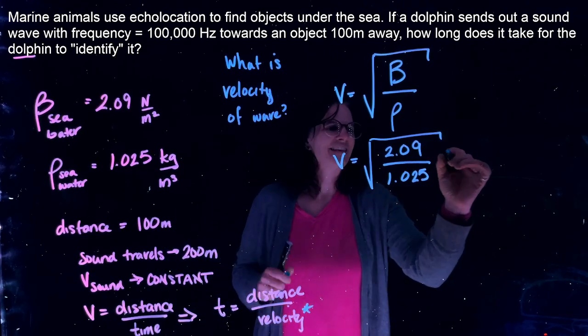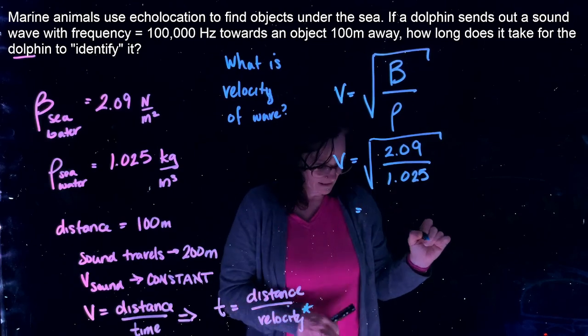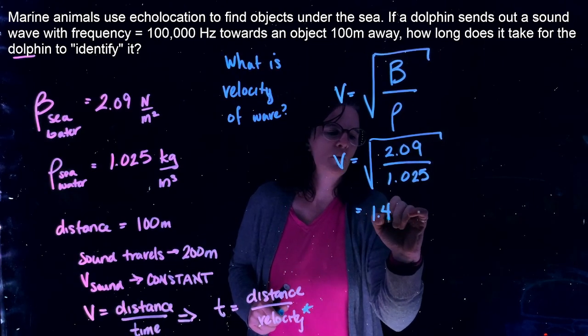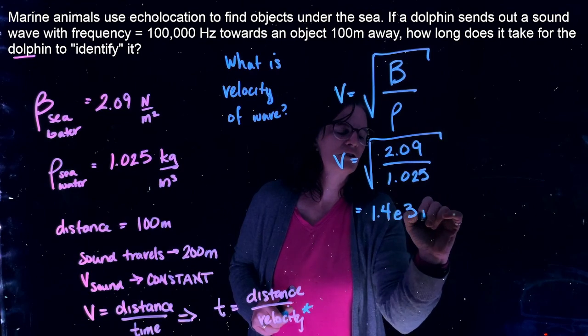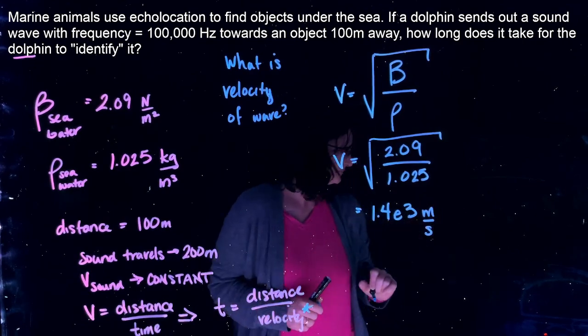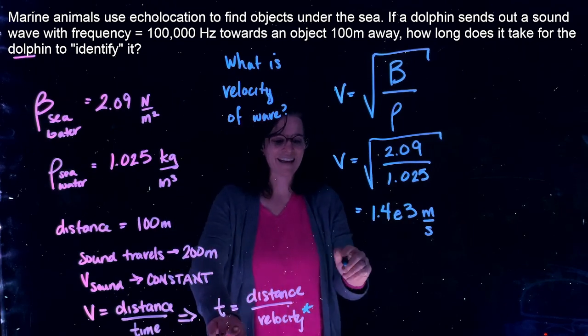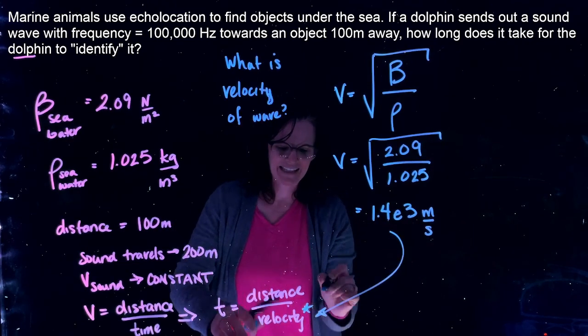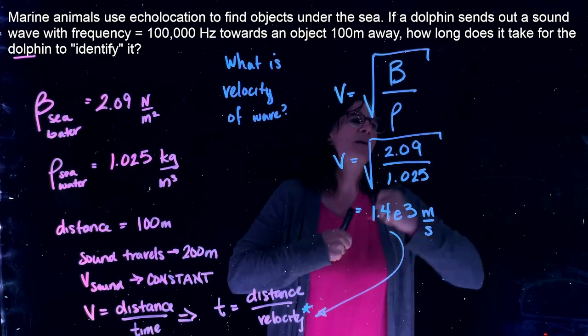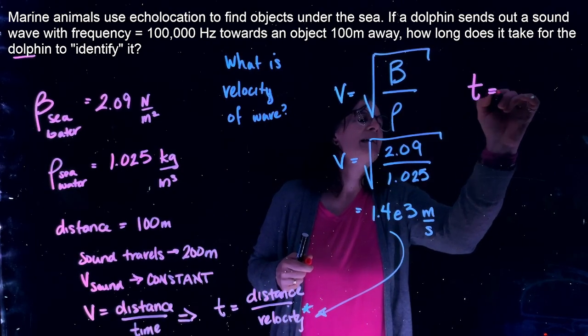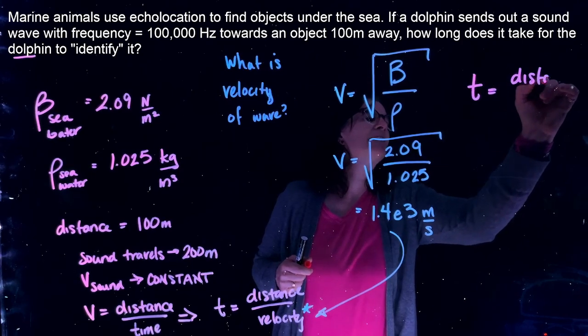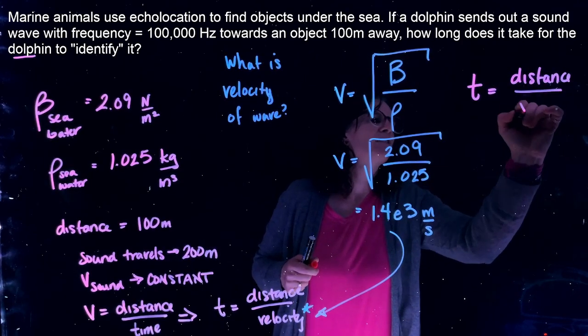And when we plug this into our calculator, we find that the velocity is 1.4 times 10 to the third meters per second. Once I know my velocity, I can plug that into my time equation. So I have my time is equal to, again, the distance over the velocity.